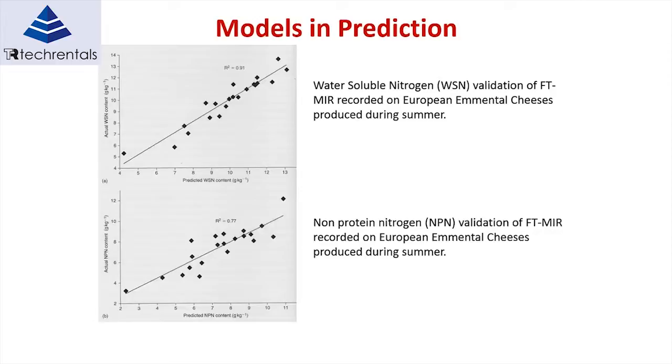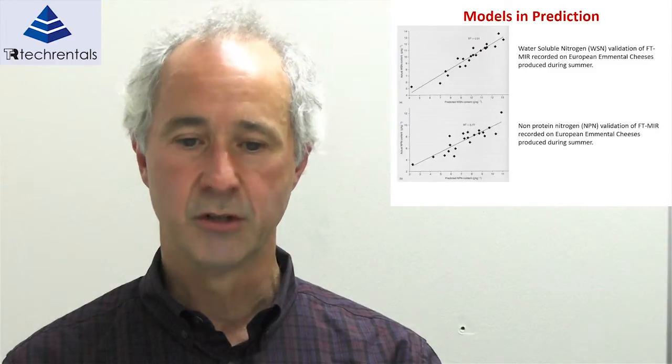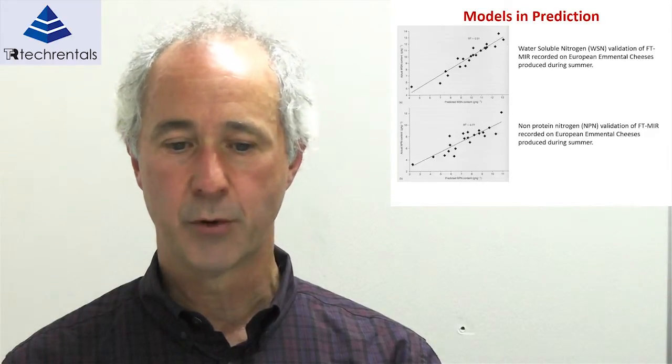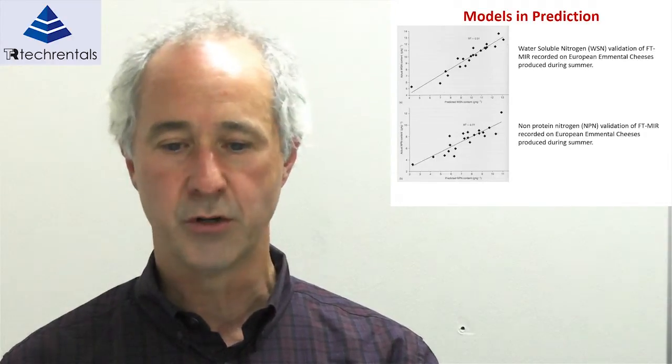And here's a good indication: there's an R squared of 0.91, whereas measuring the non-protein nitrogen in the same sample, the results drop off considerably, and you only get an R squared of 0.77. So we can be very confident that we can measure the water-soluble nitrogen very accurately, but you'd be a little bit suspicious of how well you're predicting the non-protein nitrogen because of the drop-off in R squared.